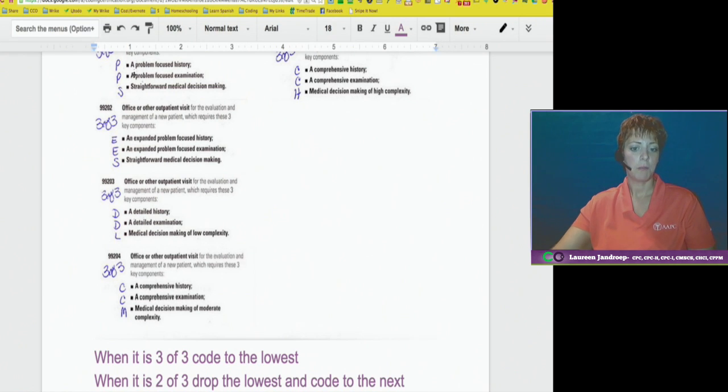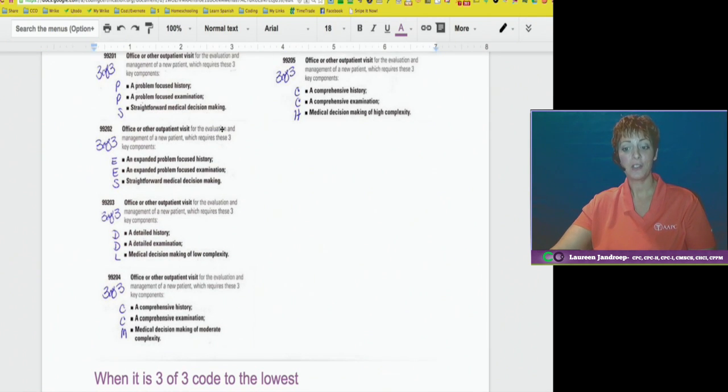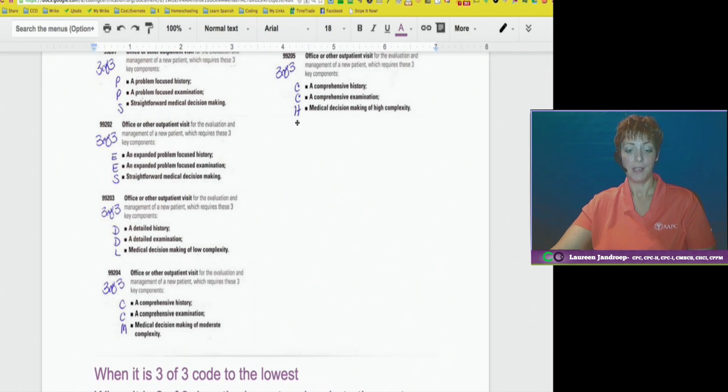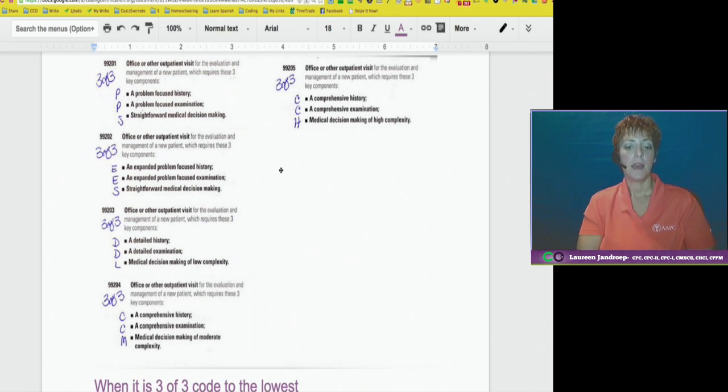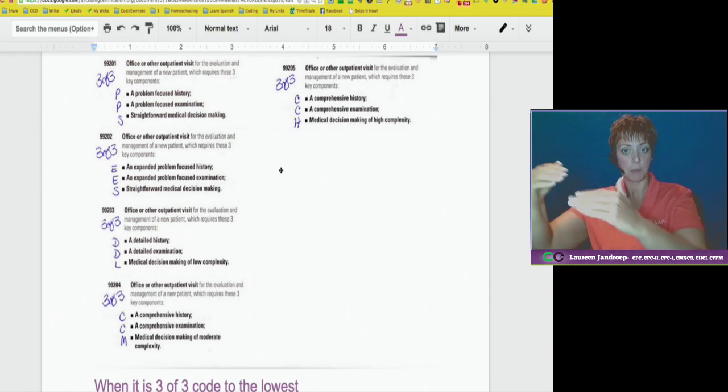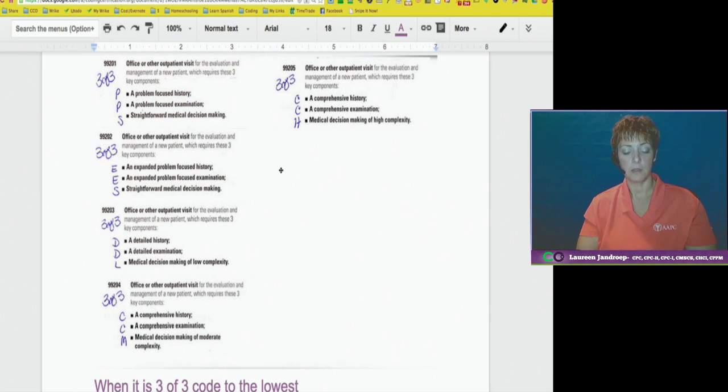If you had a PCH, you got to code it a level 1, even though the other 2 elements are level 5. Now, hopefully, documentation won't be like that because that means the physician needs some education on documentation. Normally, you'll see them stair step along with each other, but there could be some wild permutations that way.